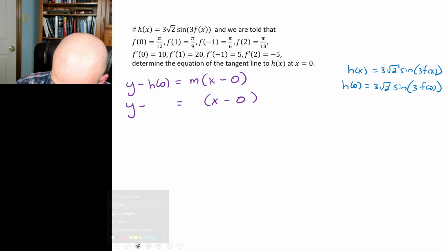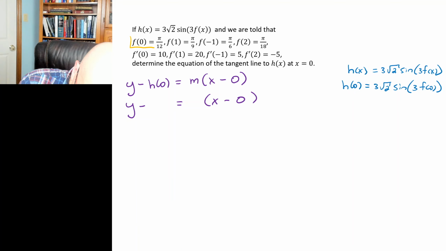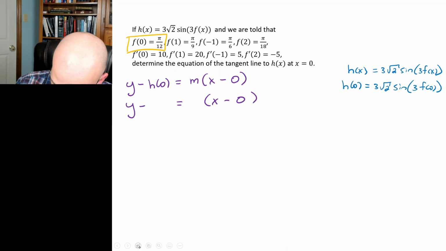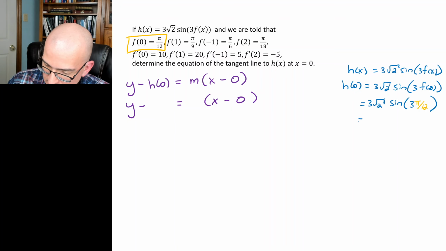We have to pull some data from our table. f of 0 is pi over 12, so I'll pull that out. Three root 2 times the sine of 3 times pi over 12. That fraction can be reduced. 3 pi over 12 is pi over 4. 3 root 2 times the sine of pi over 4.